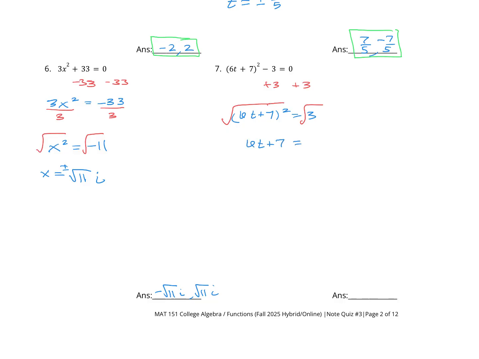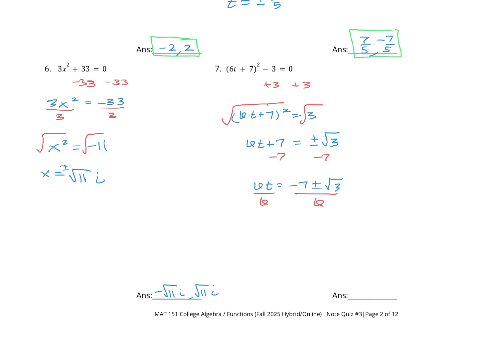On the right, we get plus or minus the square root of 3. And now we're going to subtract 7 from both sides. We're going to put it in front of the plus or minus because that negative 7 is not changing sign. We've got 6t is negative 7 plus or minus the square root of 3. The last step is to divide both sides by 6.